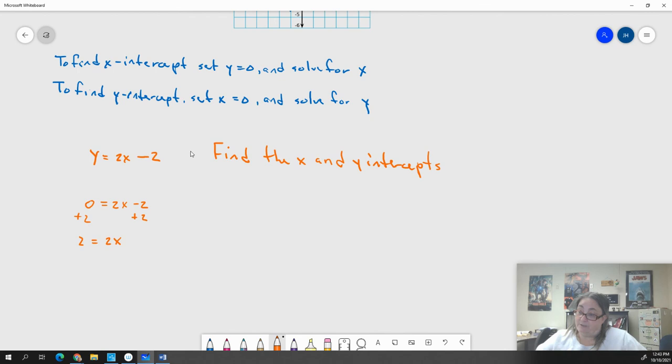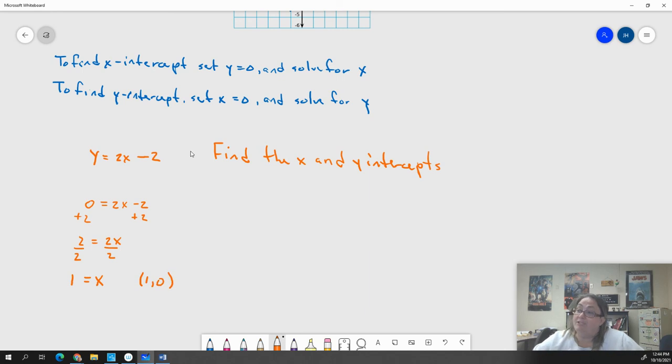I care what x equals. So I'm going to go ahead and divide out that 2. But I can't do it on just the one side because there's an equal sign, which means I have to do it on both sides, right? So 2 divided by 2 is just 1 equals x. So our x-intercept is going to be at 1. If I wanted to write that as a point, it would be (1, 0).